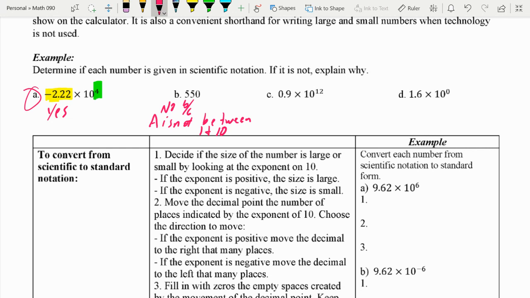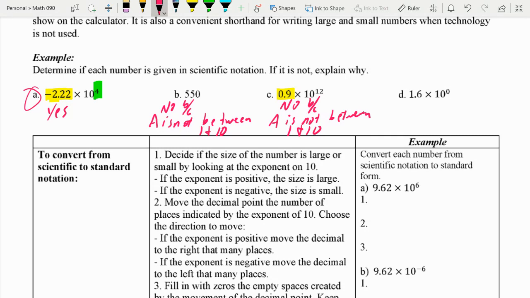What about C? Again, this is a no, because A is not between 1 and 10.